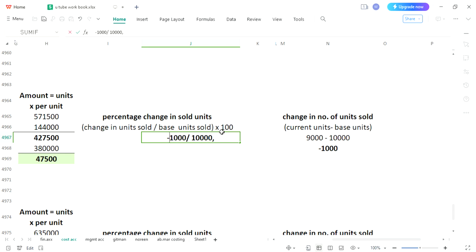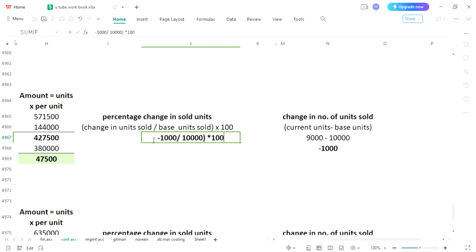Okay, so what we have done: change in units sold divided by base unit 1,000, and then finally you will multiply it with 100. No, it is not taking like that, so you will have to understand it directly as 10,000, and then you will multiply it with 100.